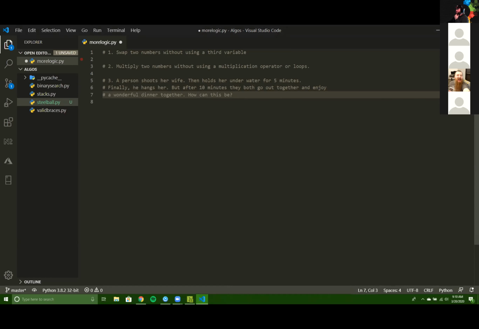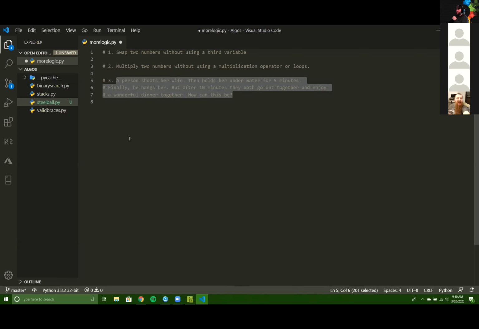A person shoots her wife, then holds her underwater for 5 minutes. Finally, he hangs her, but after 10 minutes, they both go out together and enjoy a wonderful dinner. It's a photography thing. Yeah, but that's very inappropriate phrasing.